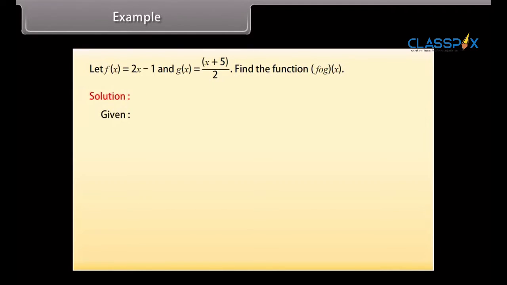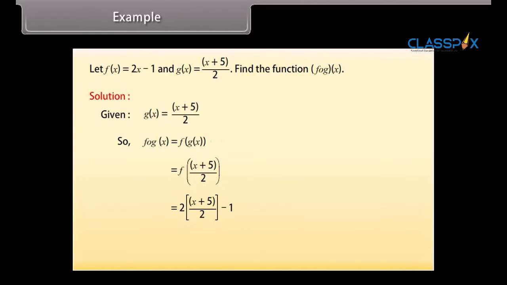Given g(x) = (x + 5)/2. So, f(g(x)) = f((x + 5)/2) = 2 times (x + 5)/2 - 1 = x + 5 - 1 = x + 4.